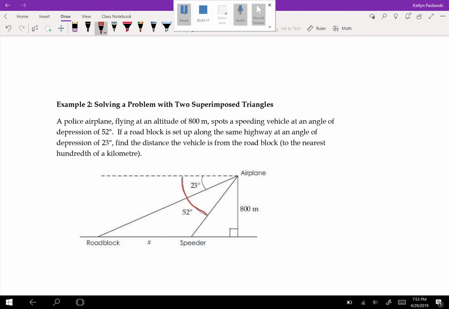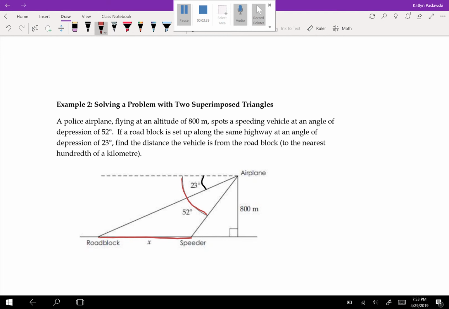If a roadblock is set up along the same highway at an angle of depression of 23 degrees, so that would give us this value. Find the distance between the roadblock and the vehicle. So we're looking to solve for this distance here of x.